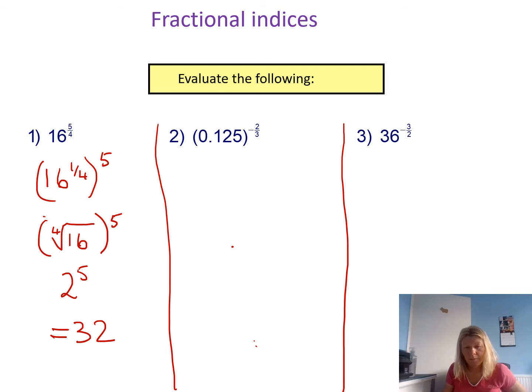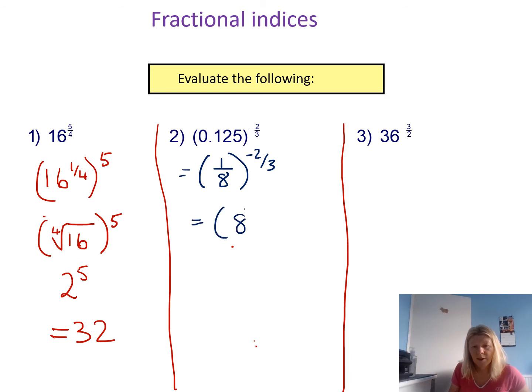Right, this one. So do you know this fraction? Maybe you do, maybe you don't. It's actually an eighth. So we recognise that. To deal with the minus of all of this, we could flip the fraction and put it as a positive.